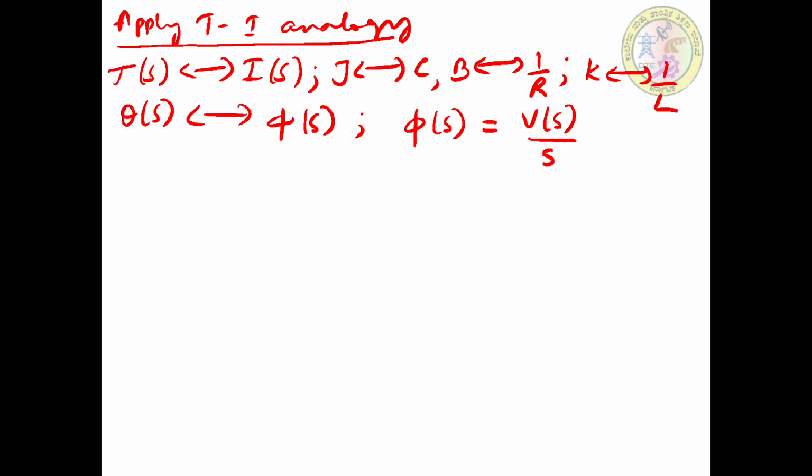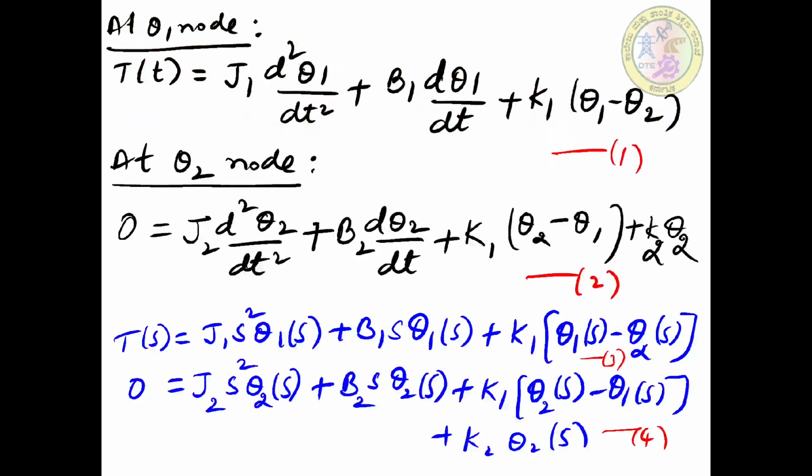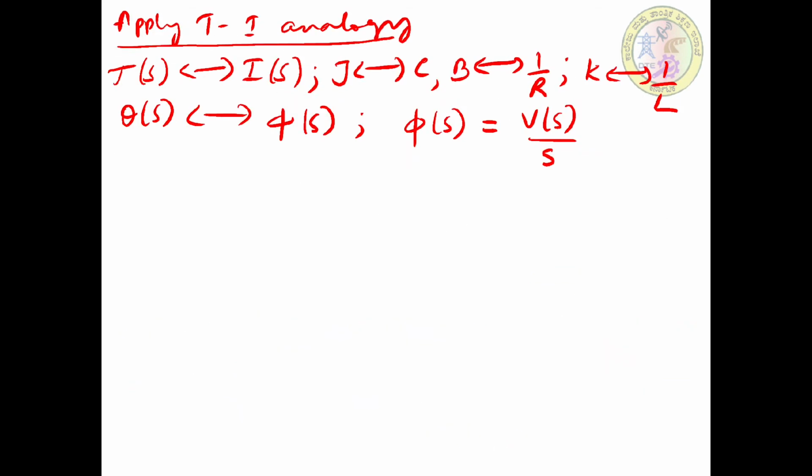Okay, so therefore now see now what we have in the previous slide, T of s, and that is the first node equation, second node equation. So now in these two equations 3 and 4, we will replace all the terms by the analogous quantities.